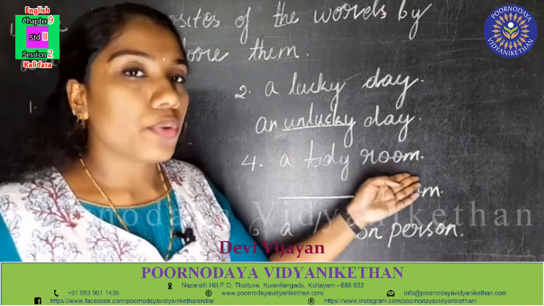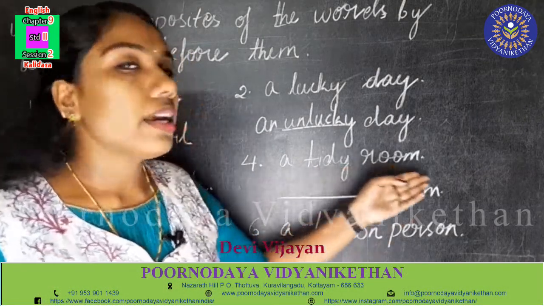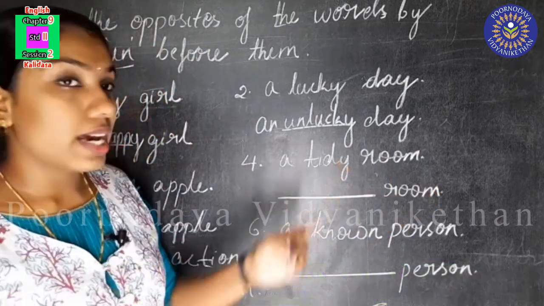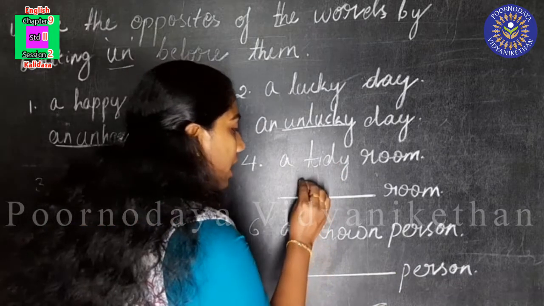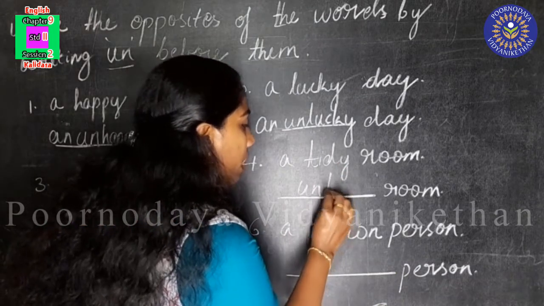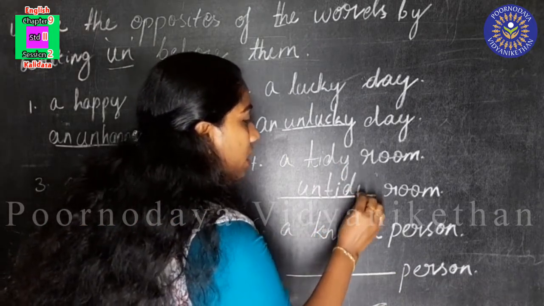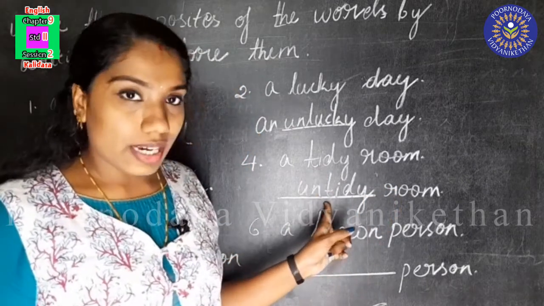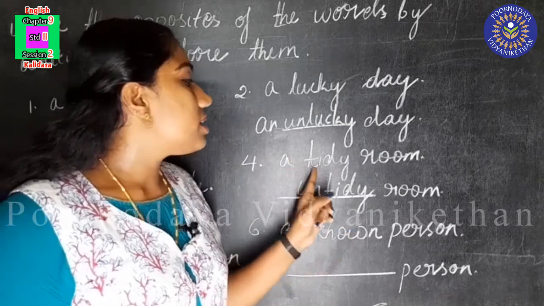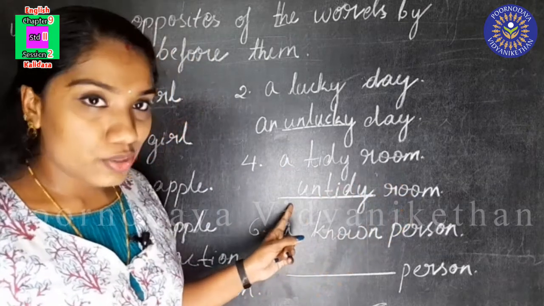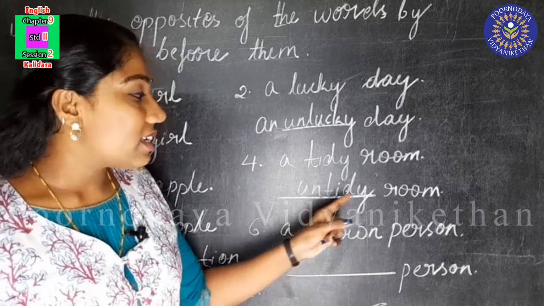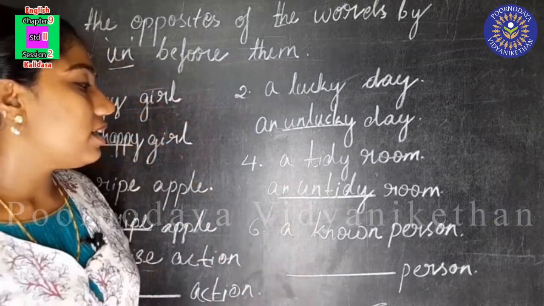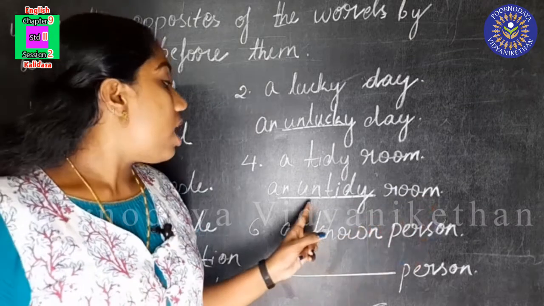Now see the fourth one. A tidy room. And what is the opposite of the word tidy? Untidy. Tidy, untidy. Here it is a tidy room. Here it will be an untidy room. Yes, an untidy room.